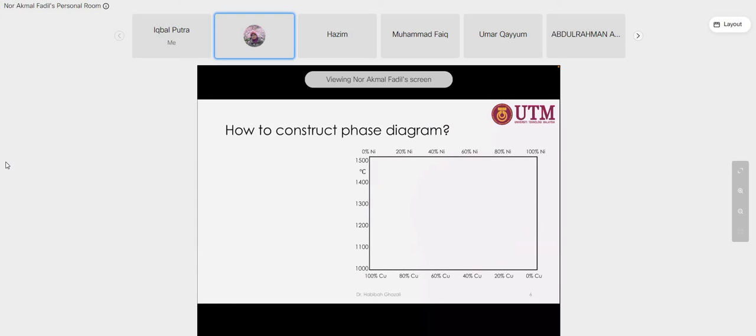All right, this is an example when you mix nickel and copper. So this is 0% nickel, this is 100% nickel. The top x-axis and the bottom x-axis refer to the percentage of copper and nickel.